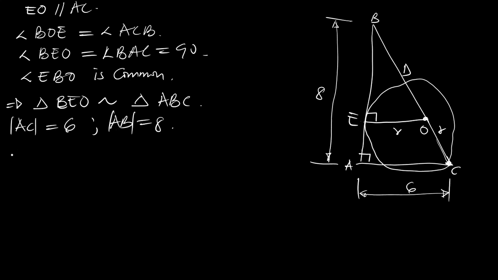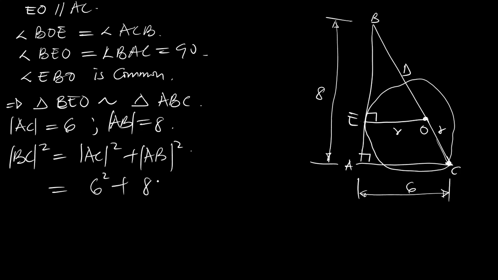So now let's look for BC. Applying Pythagoras theorem, BC squared is equal to AC squared plus AB squared. So AC squared is 6 squared plus AB squared, which is 8 squared. So you now have 36 plus 64.